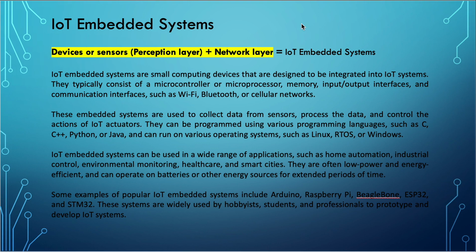They are often low power and energy efficient and can operate on battery or other energy sources for extended periods of time. Again, this is something we talked about when talking about network devices as well. We talked about how there are custom built network protocols just for IoT devices to preserve energy.